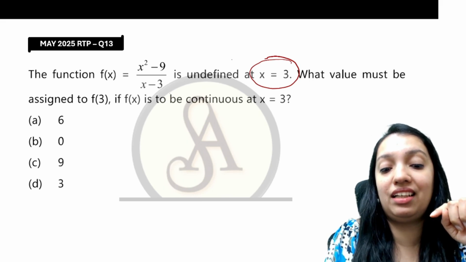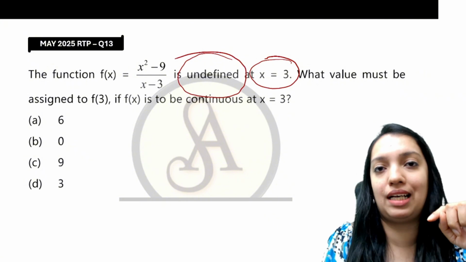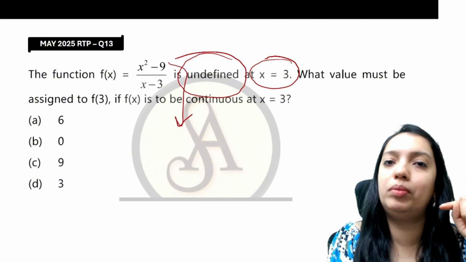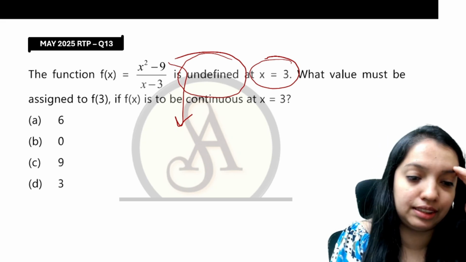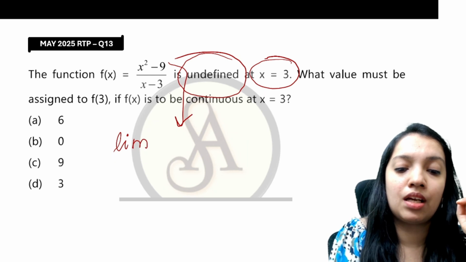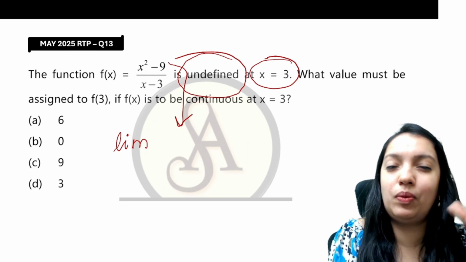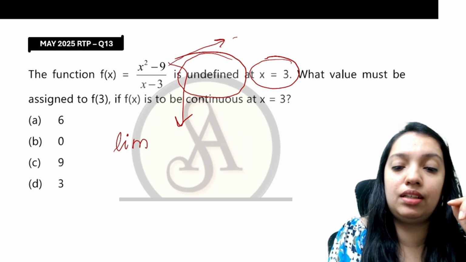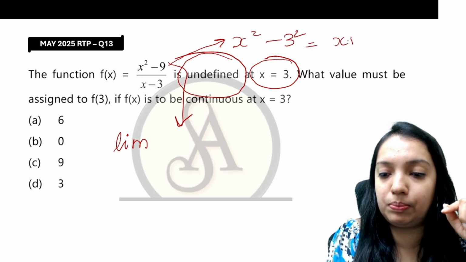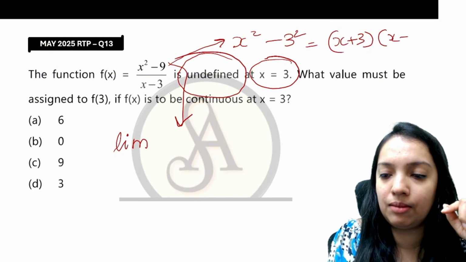Because the denominator is becoming 0 and this is known as undefined, what I will do, I will factorize the numerator. And after factorizing, I am going to get the limit. What do you mean by a square minus b square? This can be written as x square minus 3 square, which is nothing but (x plus 3) into (x minus 3).